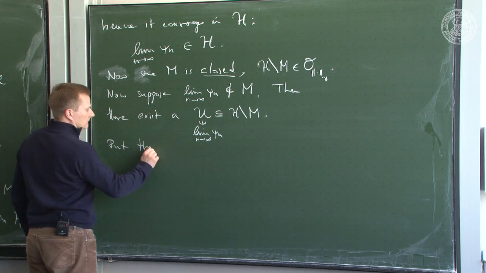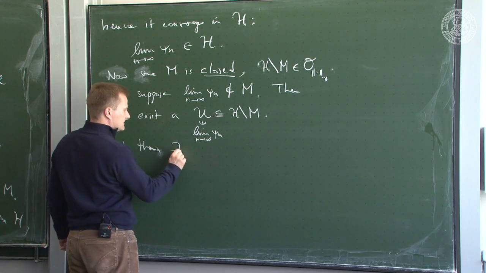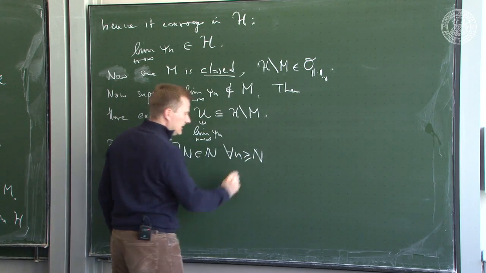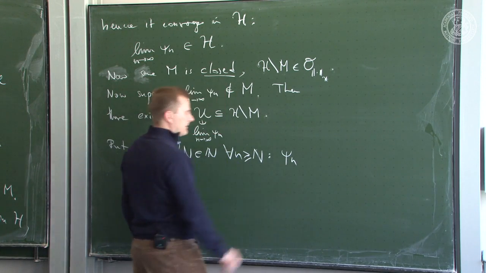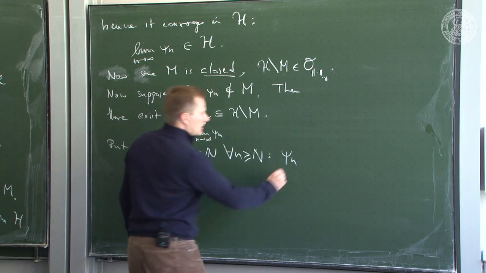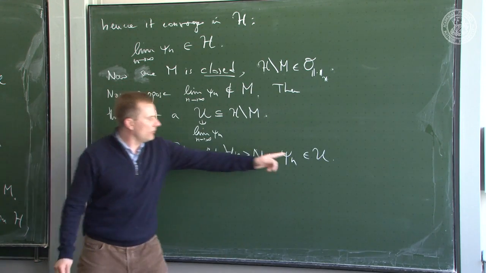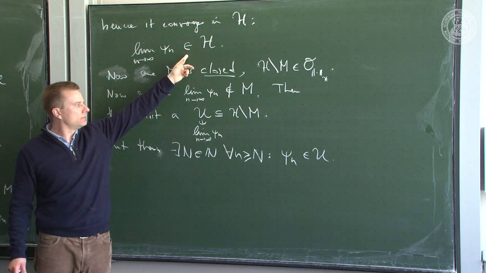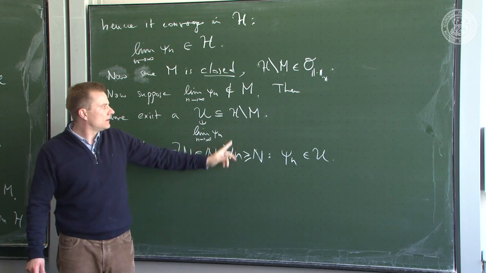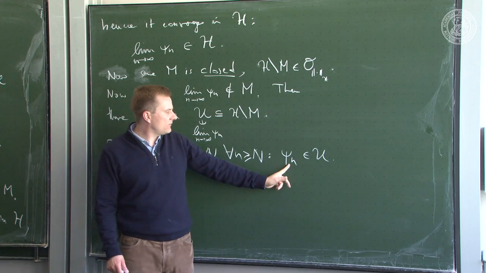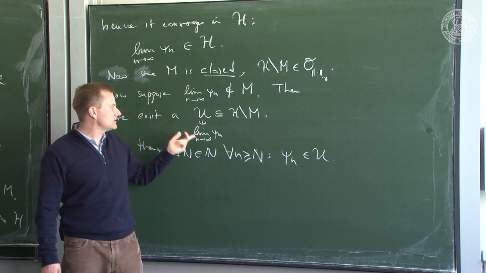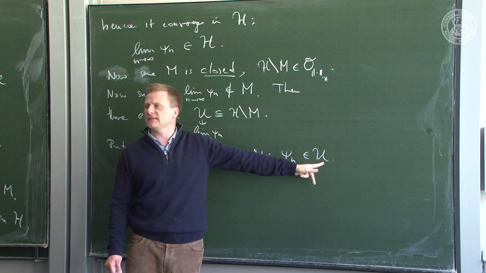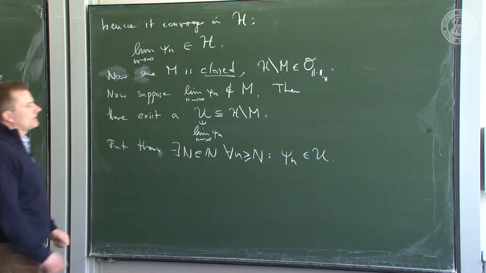But then there exists an N in the integers such that for all n greater or equal to N, the nth element of the sequence lies in that open set, because it's an open set around the limit point. The sequence converges in H, the limit point lies in H, even in H without M. If you know that's an open set around the limit point, then from a certain sequence member onwards, all sequence members must lie in this open set.